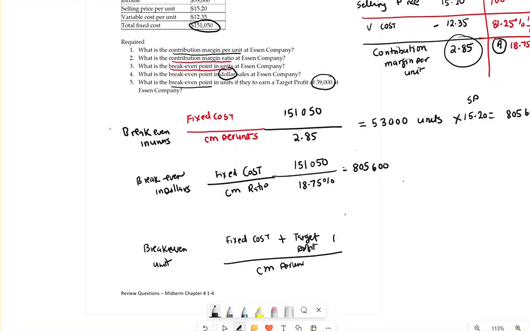So my fixed cost was 151,050, and then we have a target profit given to us in the question, 39,000. My contribution margin did not change. In order for me to break even and make $39,000, I need to sell 66,684 units.